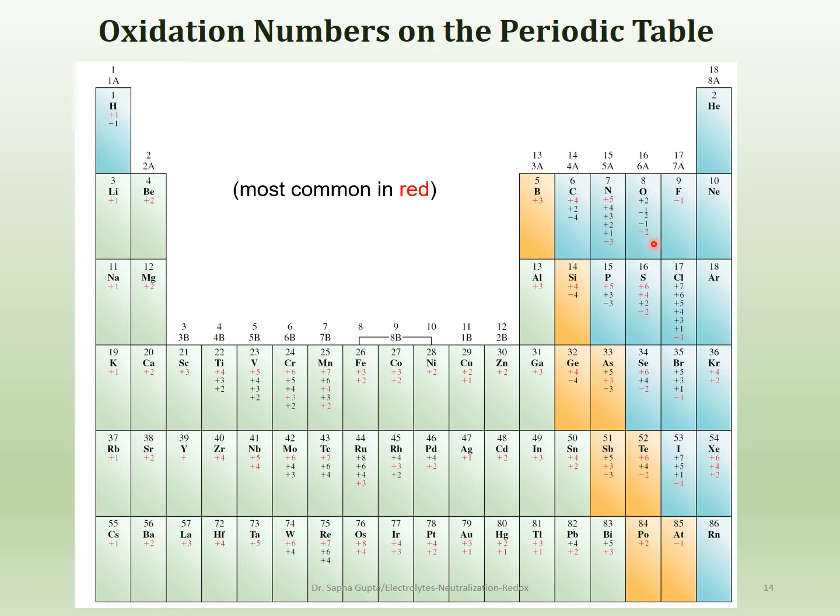With group number 6, it's going to be -2. Group number 7, it's going to be -1. It's only when they're bonded with each other in a covalent bond that they will have all of these other oxidation states. So we'll practice some and then you will understand what I mean. And again, you don't have to worry about these ones because you'll have to calculate them.